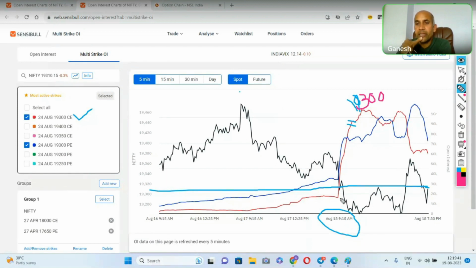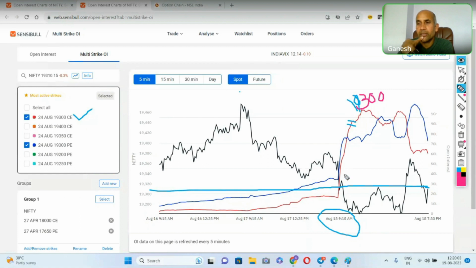From 9:15 until here, maybe another 15 minutes, the 19,300 went up. What does it mean? They keep shorting 19,300.